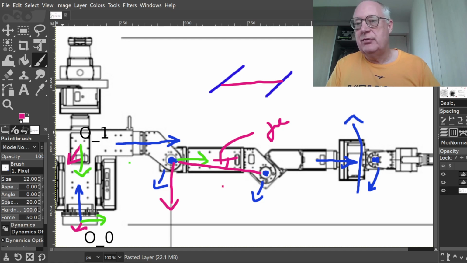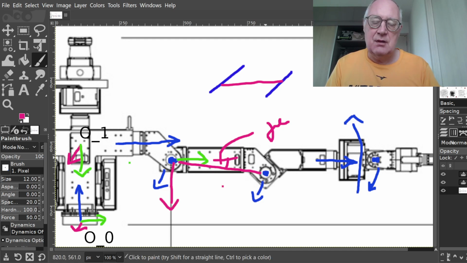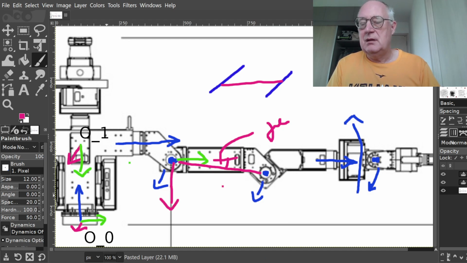And actually, since I'm counting the angle negative here anyway, it will be negative delta y here.